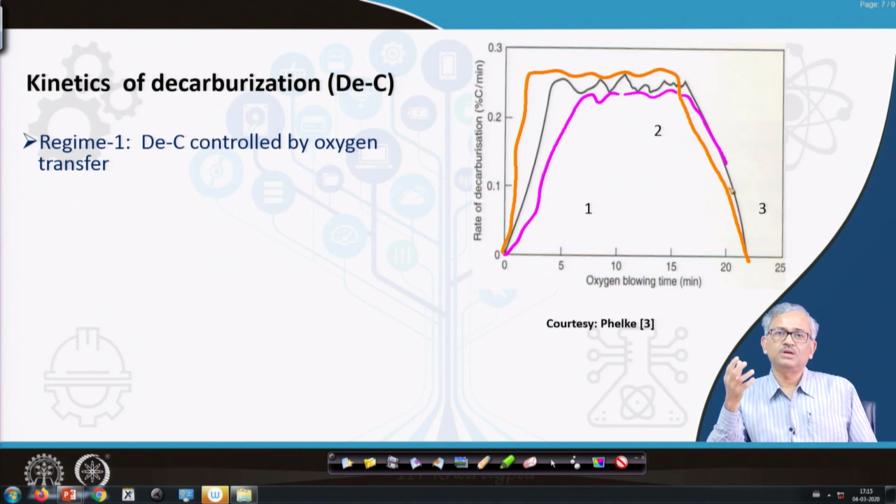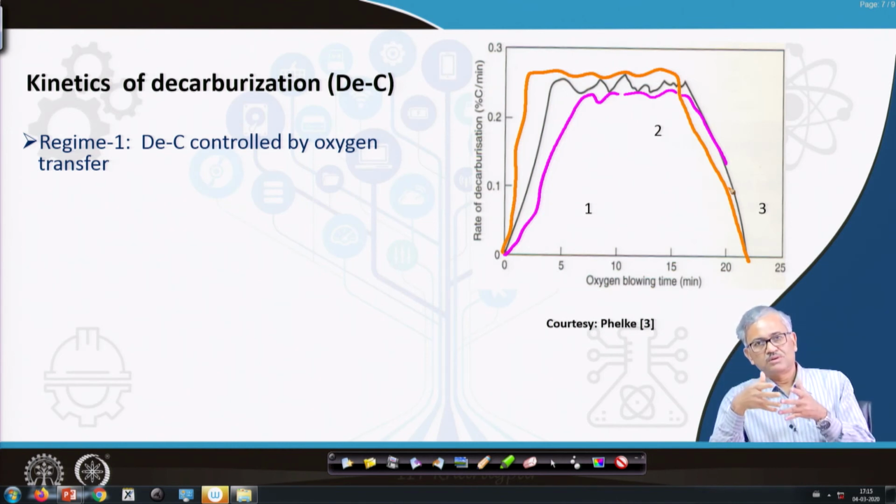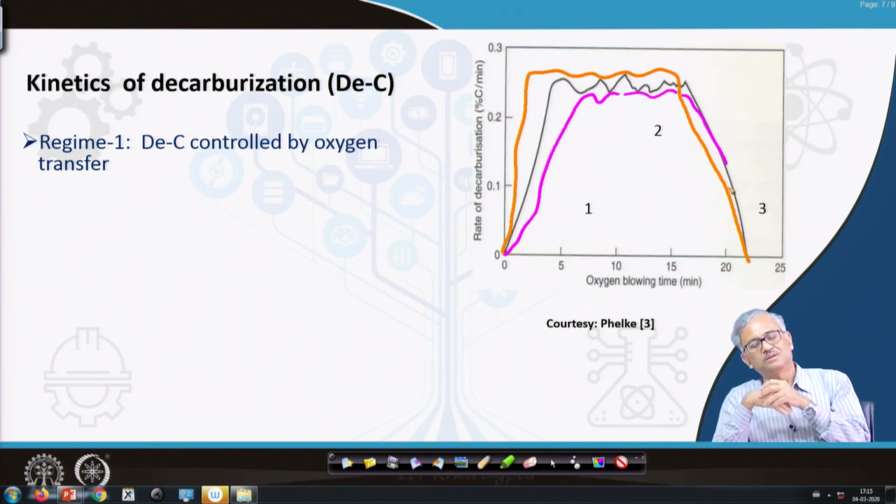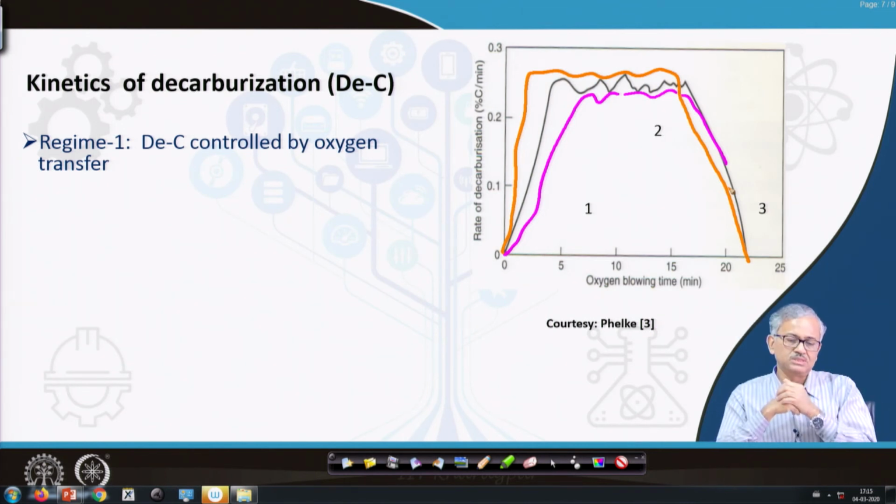And then what happens after this point, in the third regime? The bath now becomes very depleted in carbon. So it is not the oxygen supply any more, because after some blowing time you have a lot of FeO in the slag, so your oxygen supply is not a problem, plus your oxygen jet is there. So oxygen supply is plenty.